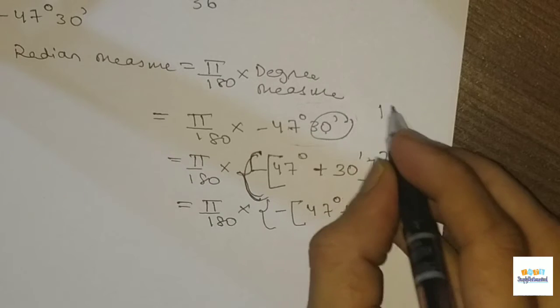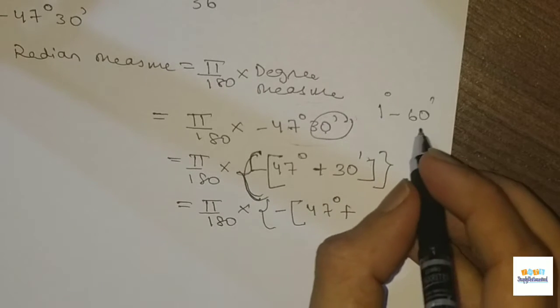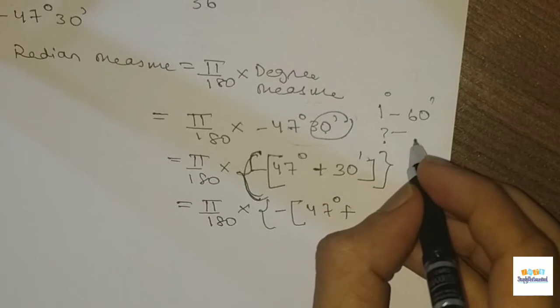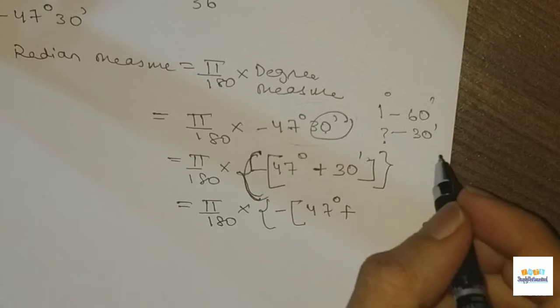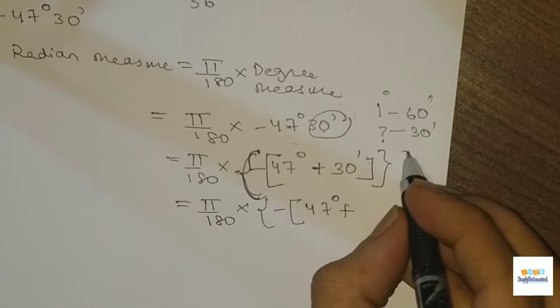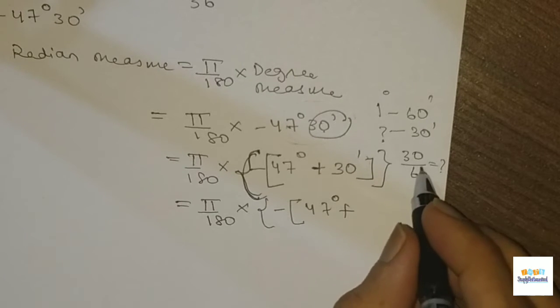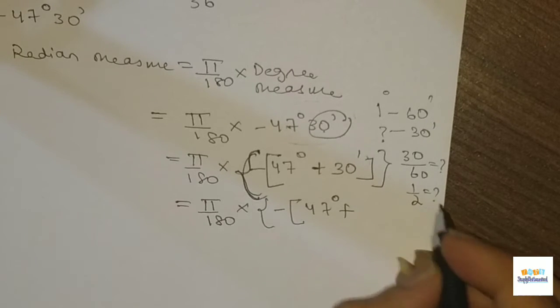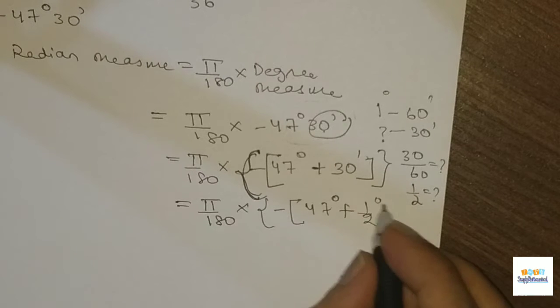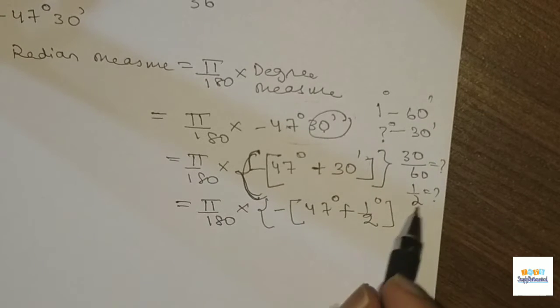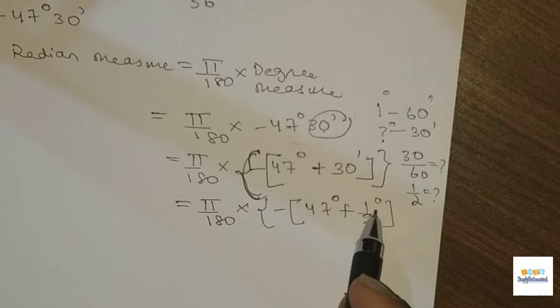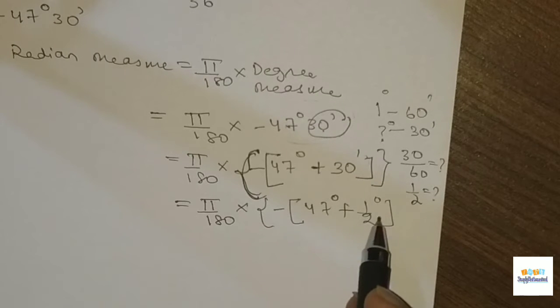See, now 1 degree is 60 minutes, right? So how much degree will be 30 minutes? So we can cross multiply, so we'll get 30 by 60, which is equal to the question mark, so that is half, right? So that is half degree. Okay, this question mark is having degree as the unit, so half degree you will get.